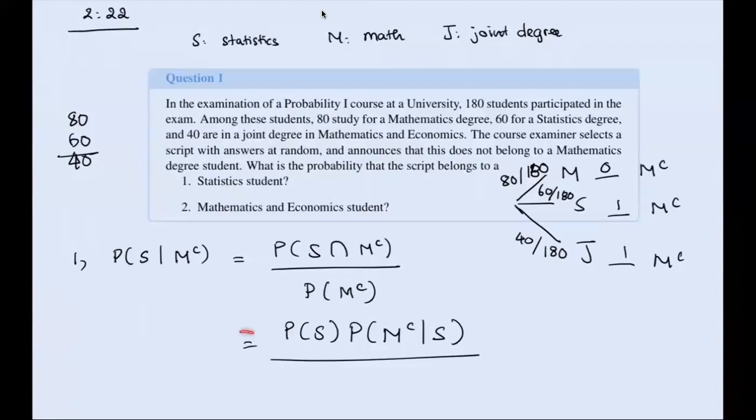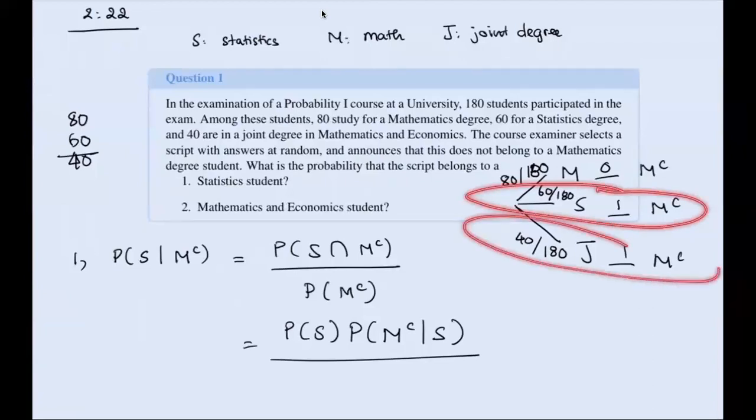That is our numerator. And our denominator, we see that non-math happens in 2 cases. This is the first case, and this is the second case. So we will have to add the probability of the 2 cases together.